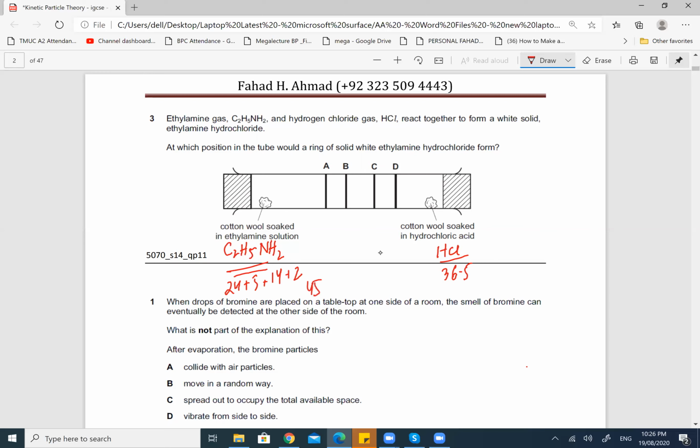That's fine. So why C? It'll be B. I think B is right. Then it's A. Yeah, that's A because this is faster, so it's going to travel a larger distance, right? Quicker. Yeah.